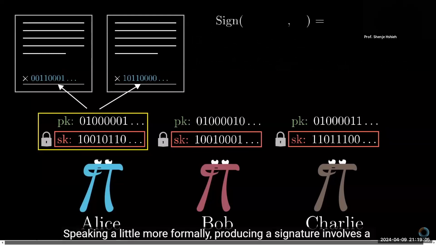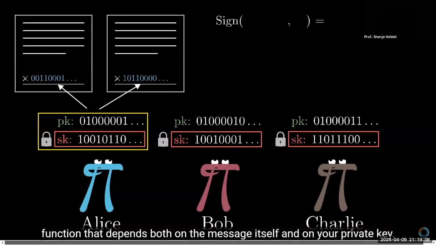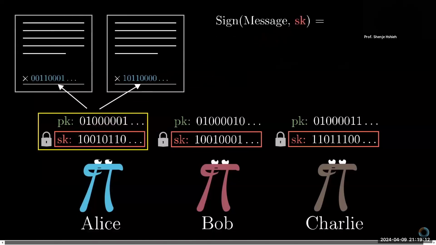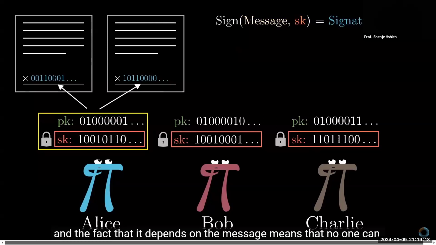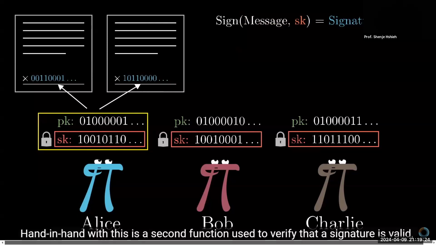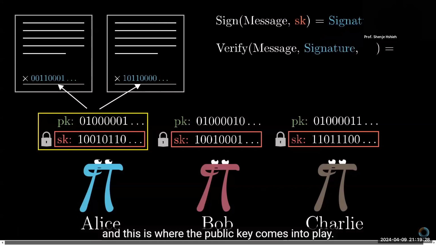Speaking a little more formally, producing a signature involves a function that depends both on the message itself and on your private key. The private key ensures that only you can produce that signature, and the fact that it depends on the message means that no one can just copy one of your signatures and then forge it on another message.